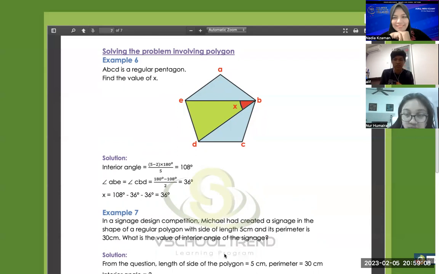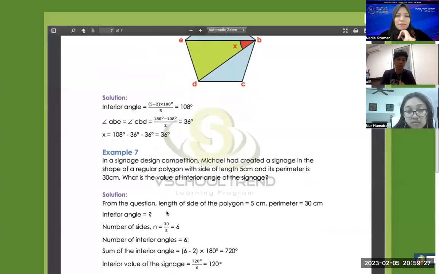Sorry, I just said 6. Okay. Yes. How do you get 6? Because 30 divided by 5 is 6. Yes, correct. Because we have a perimeter, we divide by the length of one side, which is 5 centimeters. So 30 divided by 5, you get 6 sides.